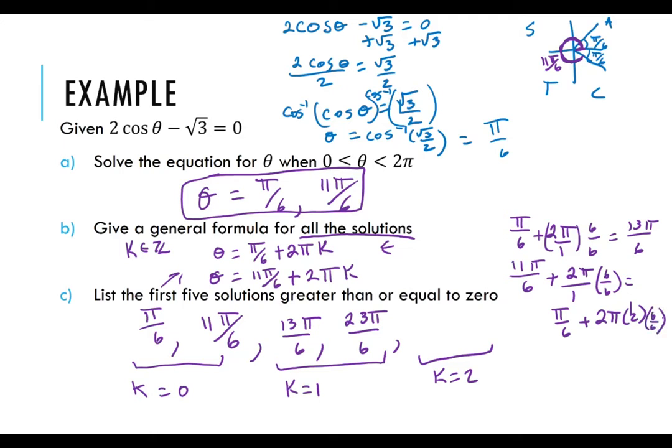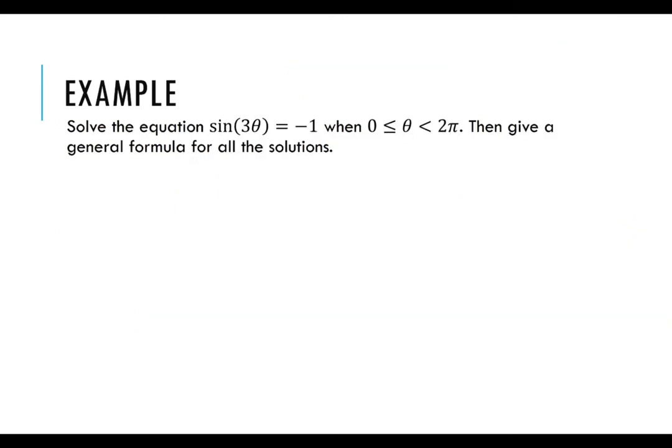That's 24 plus 1, or 25 pi/6. And so that's the first 5 solutions greater than or equal to 0, and we just use k in our formula for all the solutions to get it. If you would rather just consider the unit circle and count your pi/6, getting every situation in the first and fourth quadrant after you rotate past 0 in the positive counterclockwise direction, you're good to go.